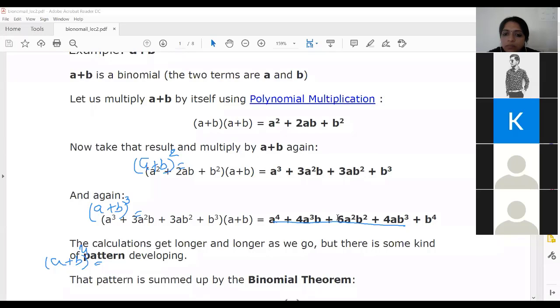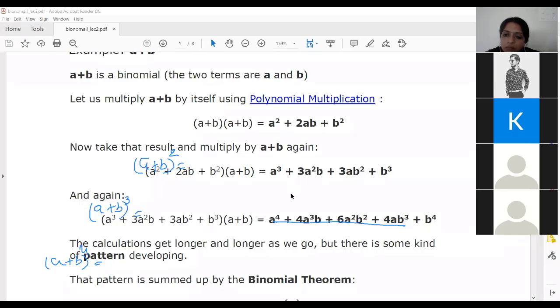The power remains the same in all the terms. In the first equation, all terms have power 2. Here in all terms, the power is 3. For the next one, the power is 4.